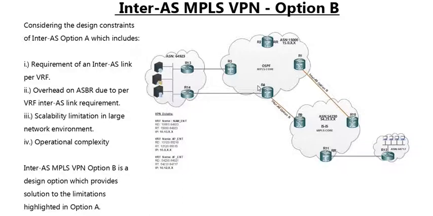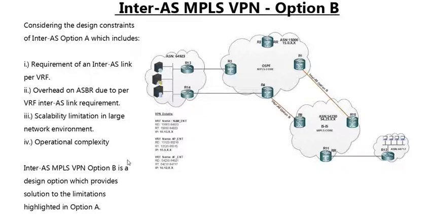But there is something that you find when deploying option B, and that comes with overcoming the scalability limitation, also reducing the overhead on the ASBR, and there is no more requirement for you to have a dedicated inter-AS link to each customer.